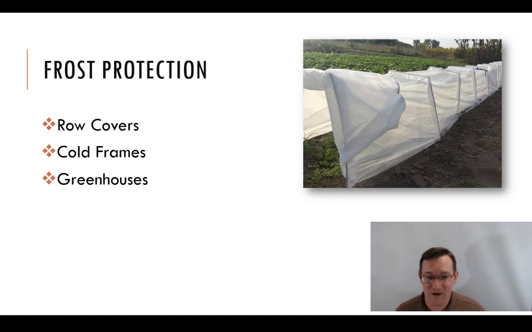And with a cold frame, you can grow leaf lettuce and Swiss chard pretty much all winter long. And if you want to take it even a step further, probably the ultimate thing you can do is build a greenhouse. And then you can have fresh produce year round. But these are all great things that you can do right now as far as protecting your garden.